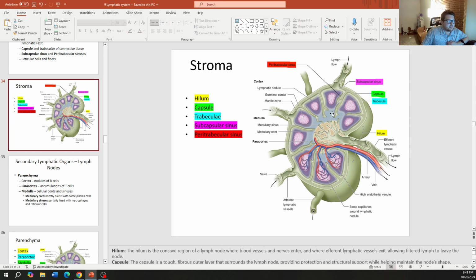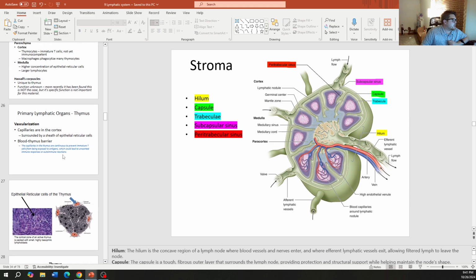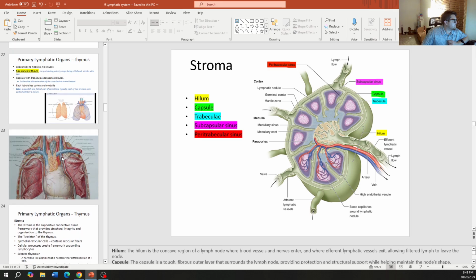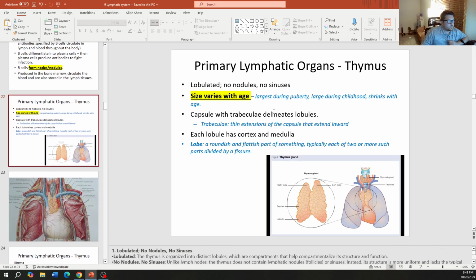And these trabeculae, these little comings in of the capsule, those are known as the trabeculae, which delineate the lobules. So you have the lobes, the whole, and these little tinier components are called lobules. So lobe is the whole part, right lobe, left lobe. Lobules are the smaller separations. And these trabeculae go in between those and inside of those in order to surround everything.